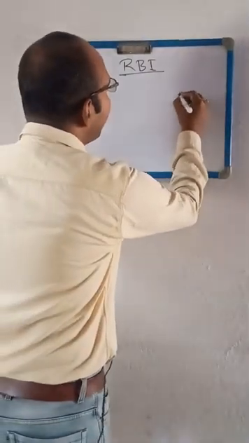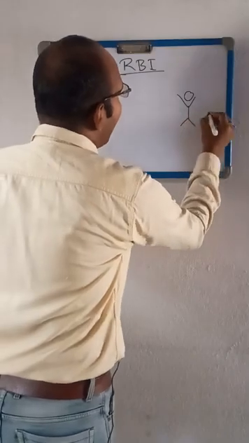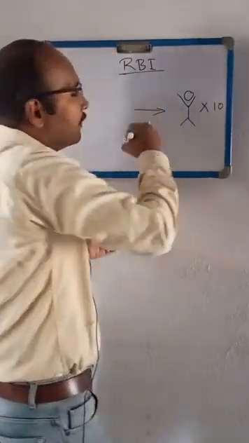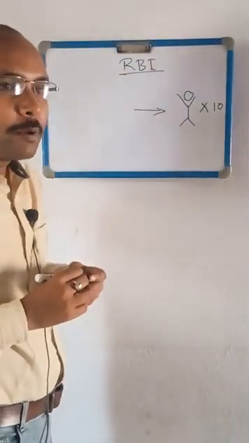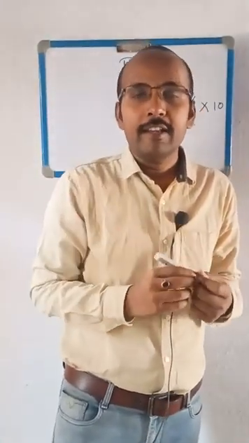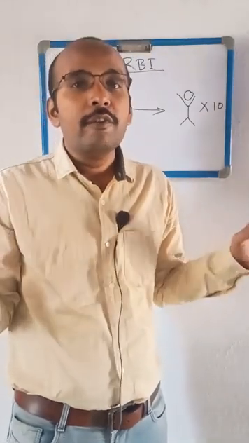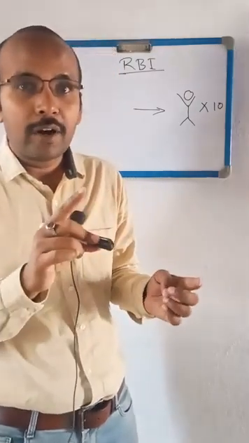Let's say here are 10 people, and we also assume that RBI is a biscuit making factory, making a special type of biscuit which is enough for one person but not for two.